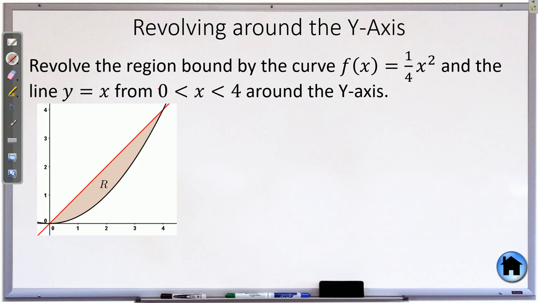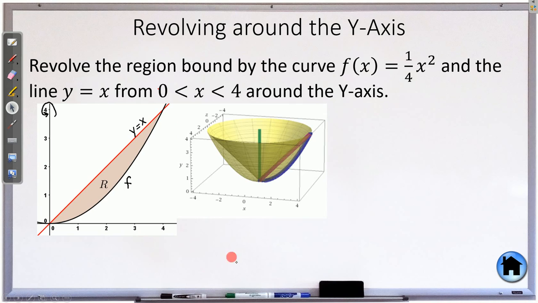So we have f of x is 1/4 x squared, so hopefully you can see the parabola here is f. And then the line y equals x is right here. And if we rotate that around the y-axis, we will get something that looks like this again.